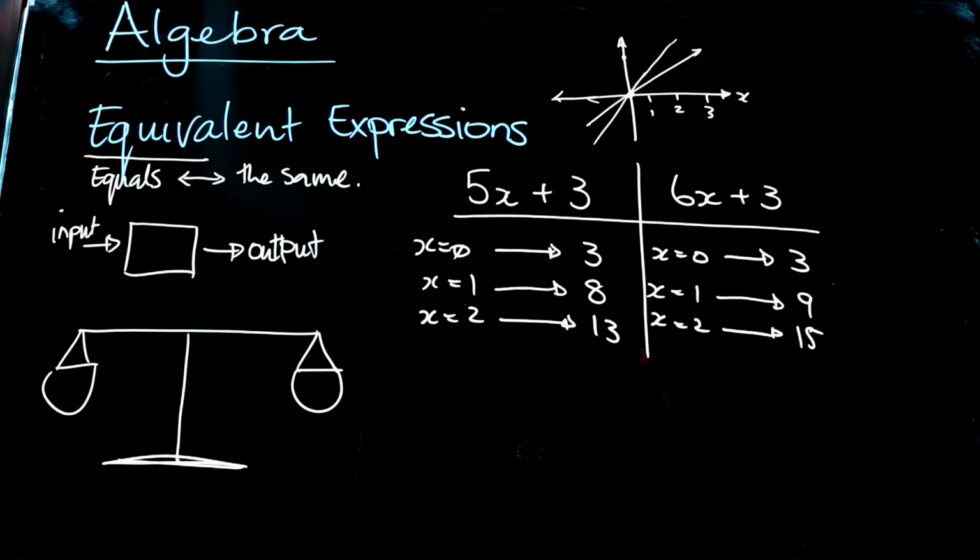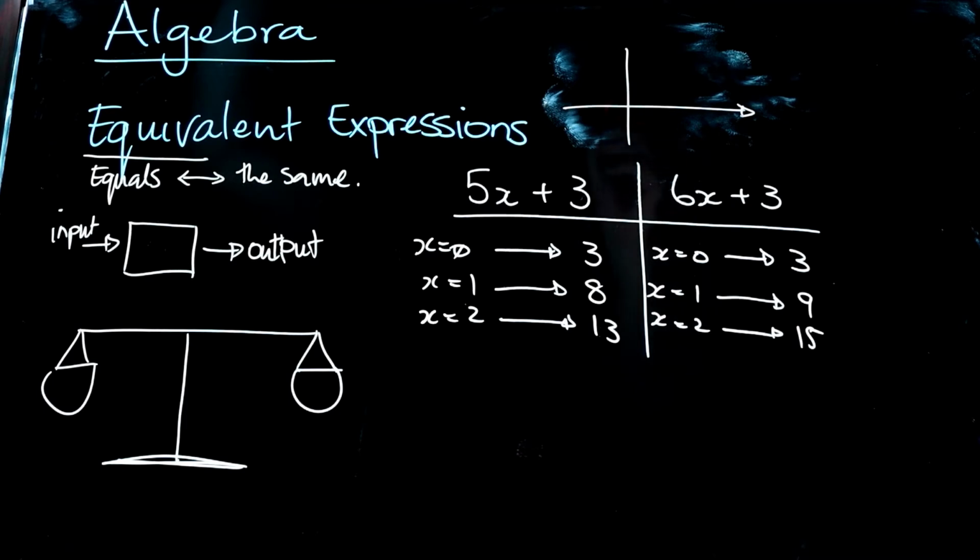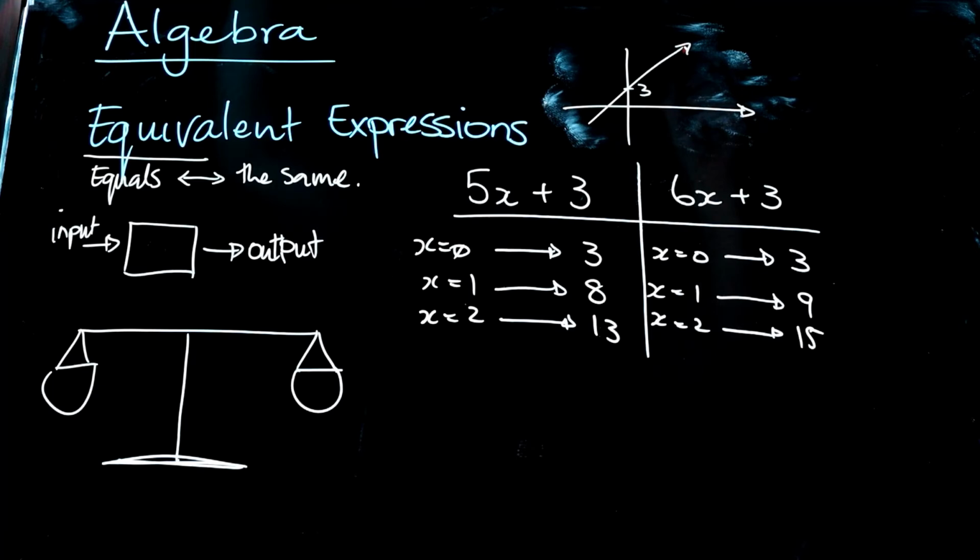Actually, they didn't cross there. I made a mistake, so I will quickly rub that out and do that again, because where did they have the same value? It was at 3. So one of those graphs is doing this and the other one's doing something slightly different. So they're not the same. And that's the key thing. So what would we write in that situation? They're not equivalent, okay?